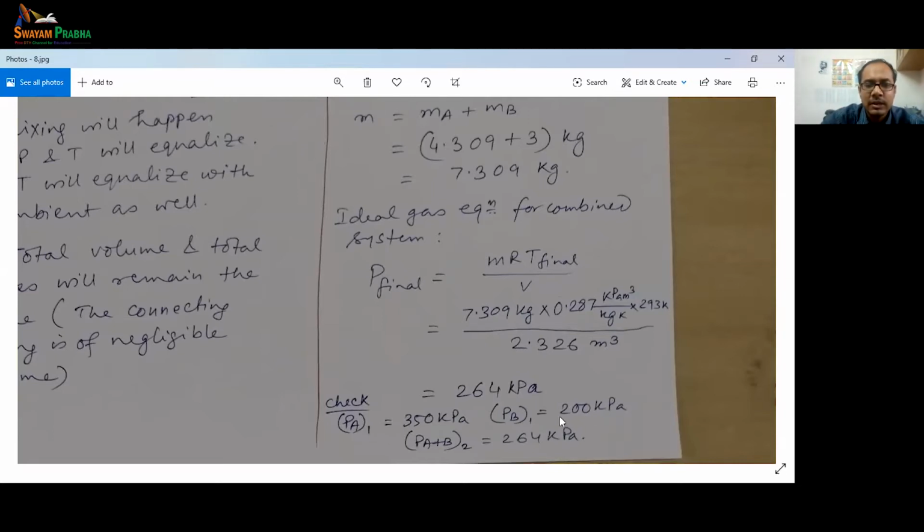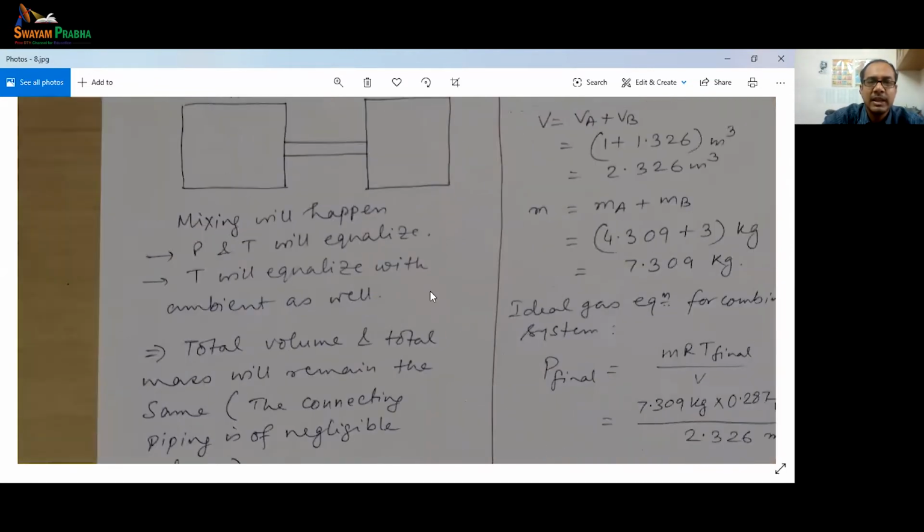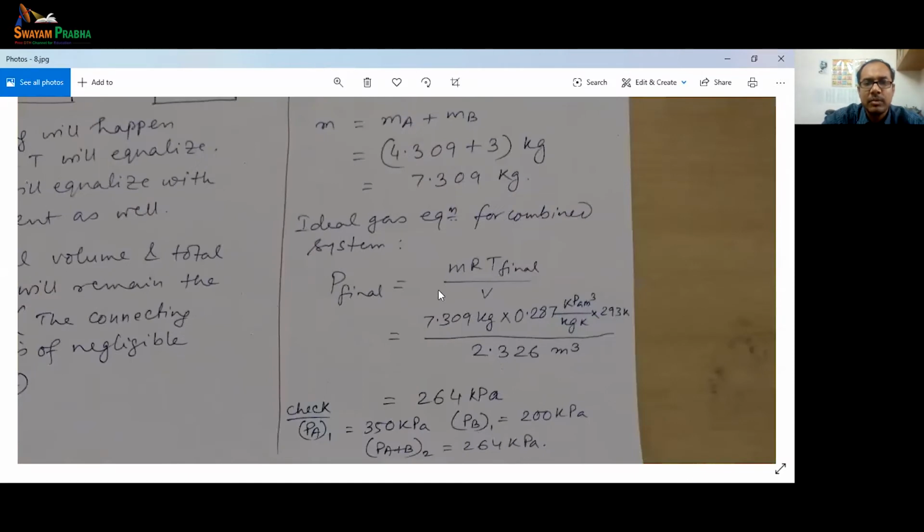Okay, so the combined system should be somewhere in between. So what we obtained, P of A plus B at state 2, is 264 kPa, which is in between PA1 and PB1. So that makes sense, that okay, our number is physically meaningful. Okay, that you should check for anything. If you get an enormously high number, then you can be pretty sure that you have made some calculation mistake. You can go back and check where you have made that mistake. Okay, so that is the first problem we have solved.